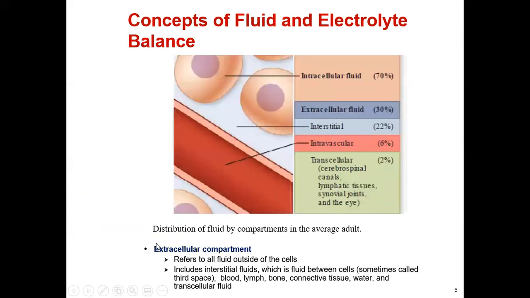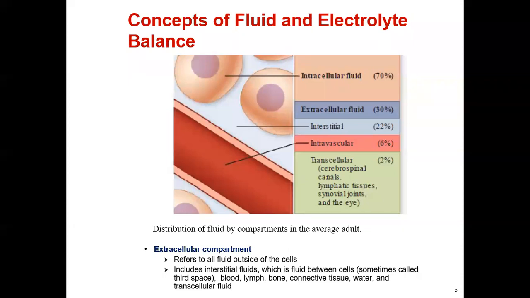In this picture, we see the blood vessel, intravascular, where the red blood cells, platelets, and white blood cells are moving. Fluid is here as well: fluid in between two cells, fluid in between cell and blood vessel. The fluid inside the cell we call intracellular.